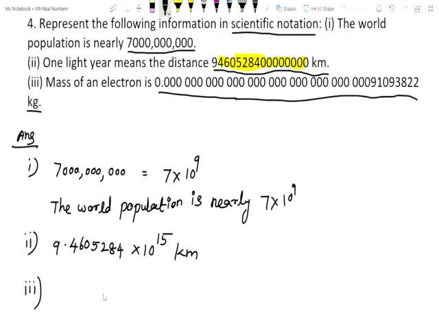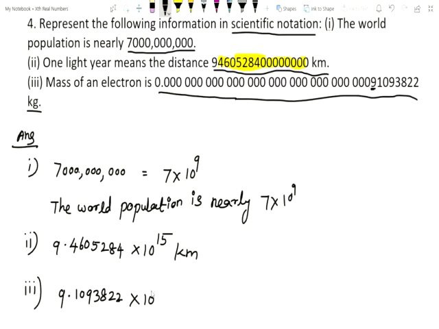First you write it, see the numbers here: 9.10938822 into 10 power, see here, 1, 2, 3, 4, 5, 6, 7, 8, 9, 10, 11, 12, 13, 14, 15, 16, 17, 18, 19, 20, 21, 22, 23, 24, 25, 26, 27, 28, 29, 30, 31.